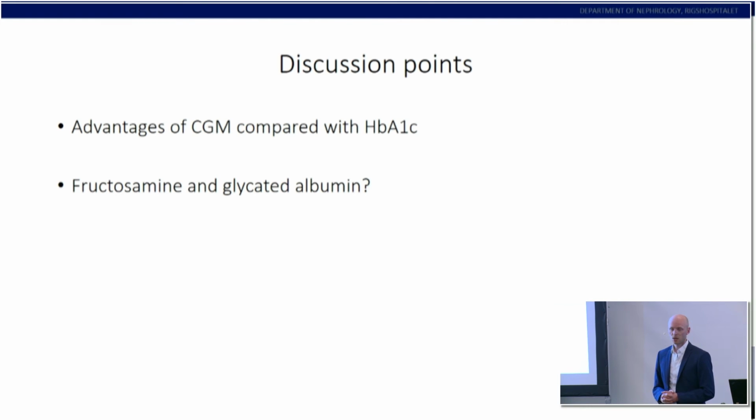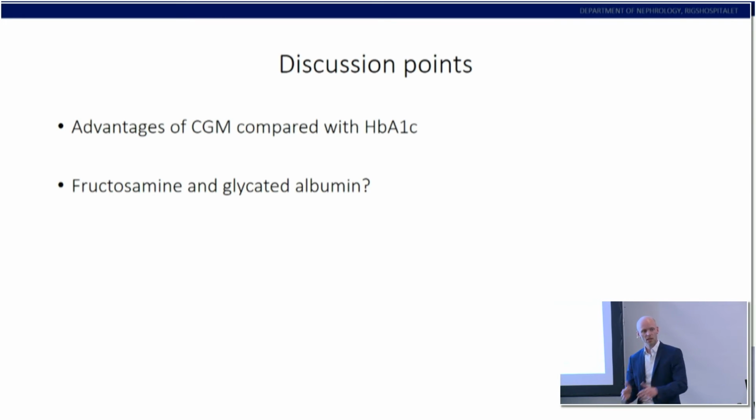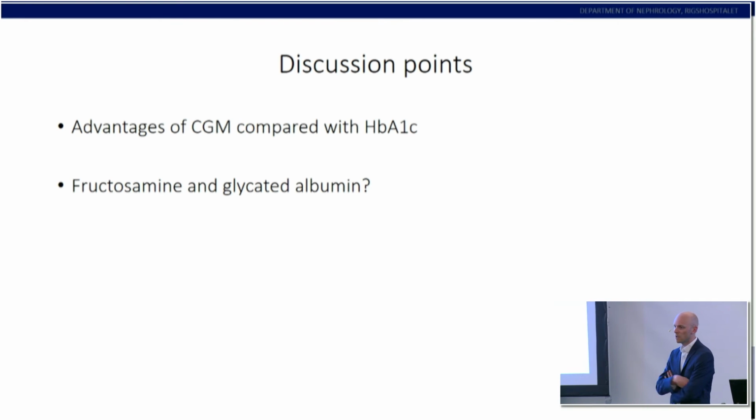Another problem is that unlike HbA1c, where we have the IFCC standard in millimoles per mole, meaning that an HbA1c in Denmark and England is exactly the same, fructosamine and glycated albumin are analyzed differently in each lab. So we do not have an internationally agreed reference interval, and the cutoff for diabetes also varies from lab to lab.